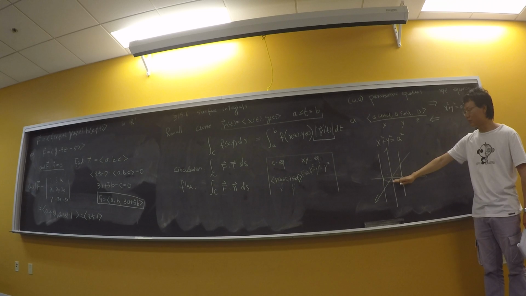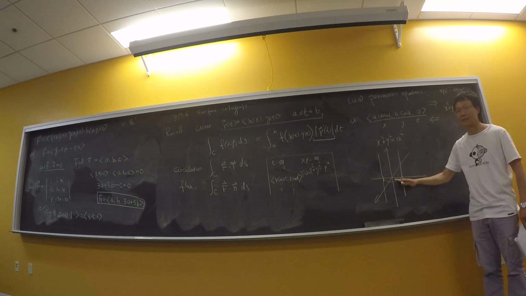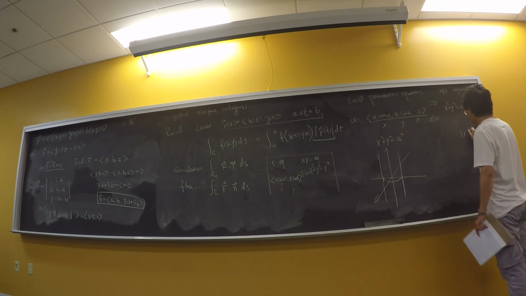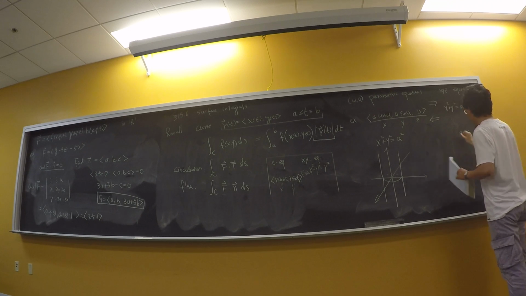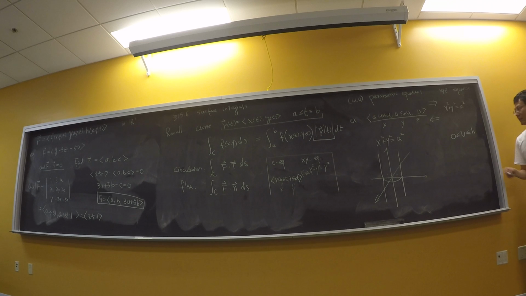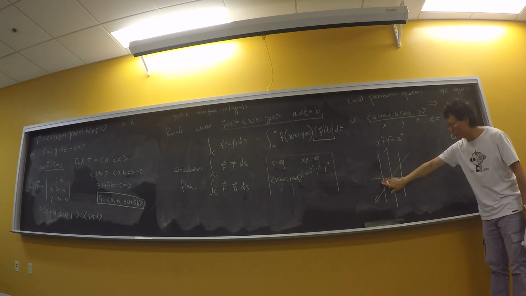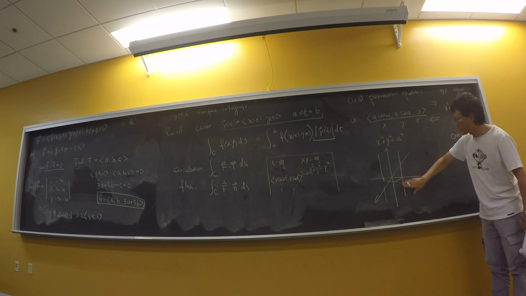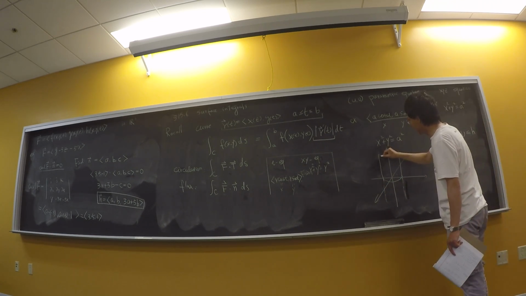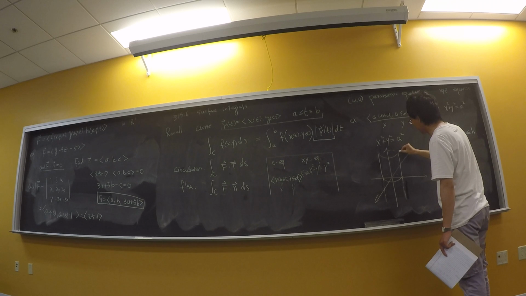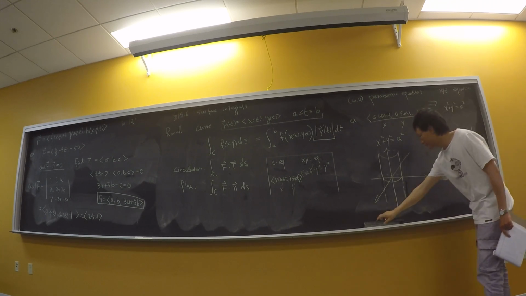So if I make z equal 0, I'm getting the circle right here. So if v goes from 0 to h, I need to cut the cylinder below the xy plane and cut the cylinder above h. So then I'm going to get a bounded surface.